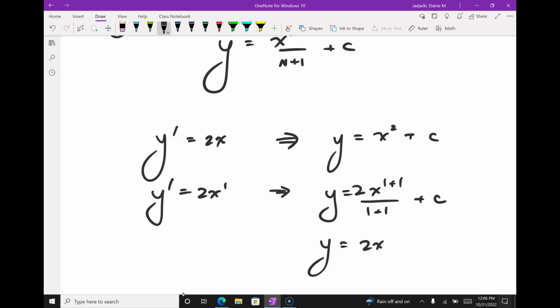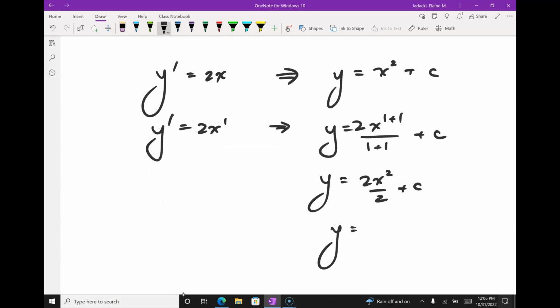So I get 2x squared over 2 plus c, or x squared plus c. So power rule. So first thing, you recognize it. You know where the function was. It was our first look. Our second look is look for a power rule, right?